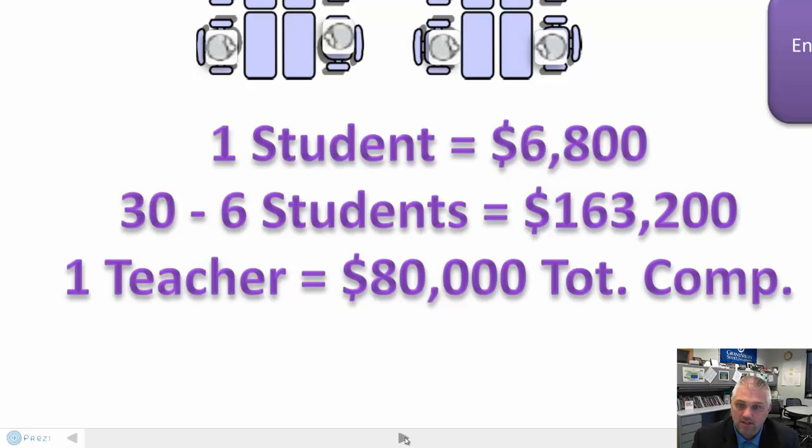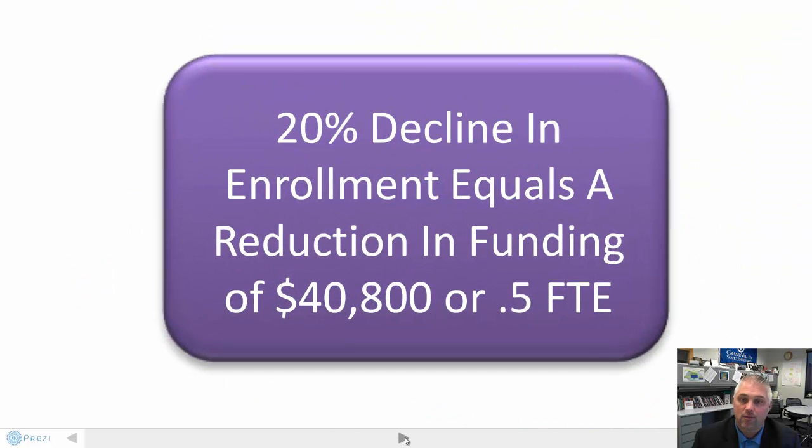I still have to pay the teacher the total compensation of $80,000 because I don't have enough students lost to be able to condense the section. I still have to offer the section. I'm just less efficient because of declining enrollment. Now, here's where that really hurts. That was a 20% decline in enrollment. That decline in enrollment equals a reduction in funding of $40,000, or the equivalent of 1/2 of a teacher.